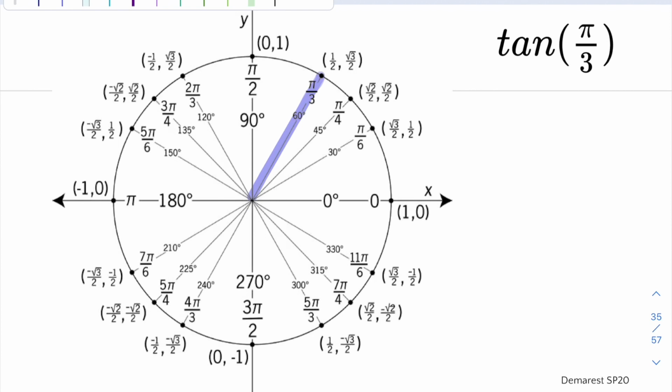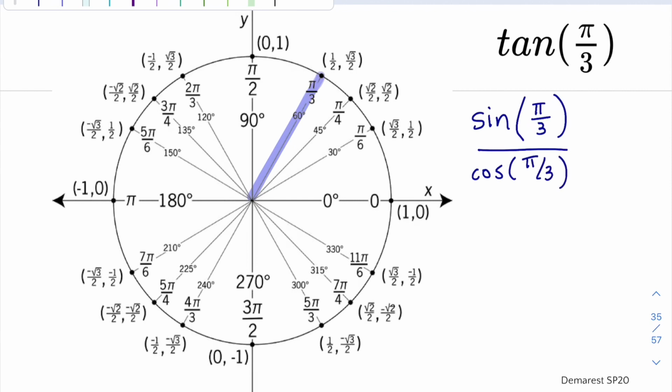I can't pull tangent directly off of the unit circle because it's not on there. My ordered pair again is cosine comma sine. So the first thing I need to do is rewrite tangent so that it's in terms of sine and cosine. So that'll be sine of pi over 3 divided by cosine of pi over 3.